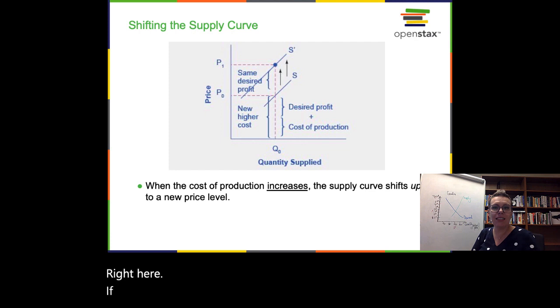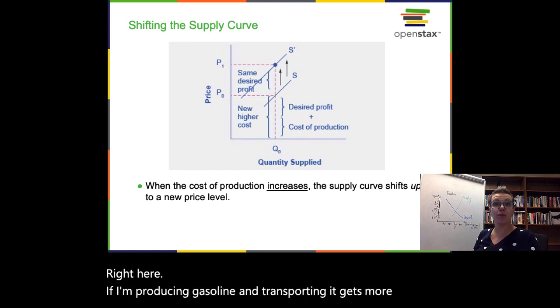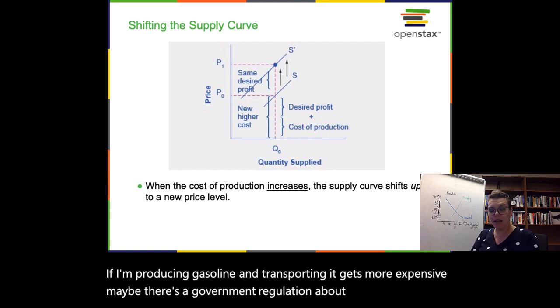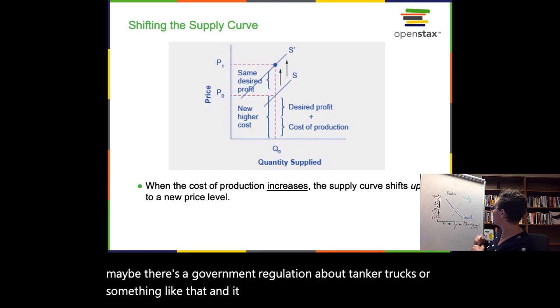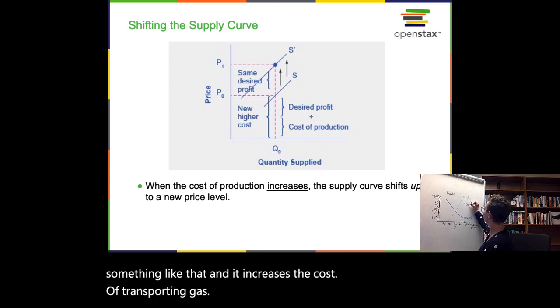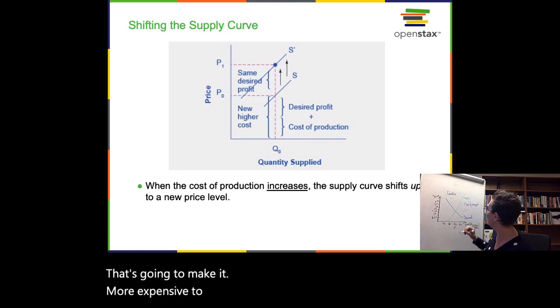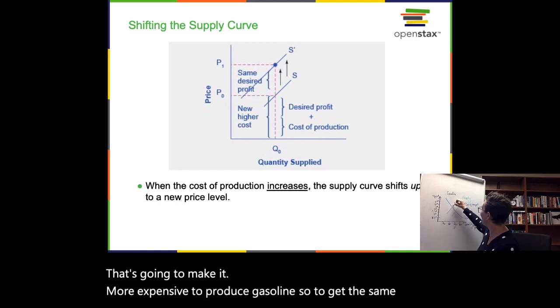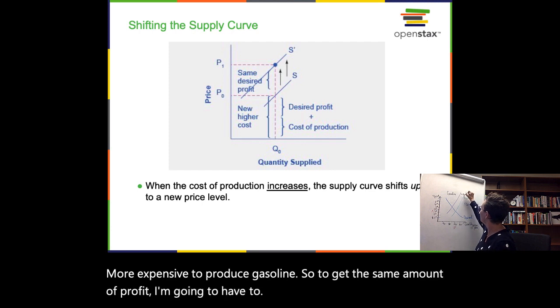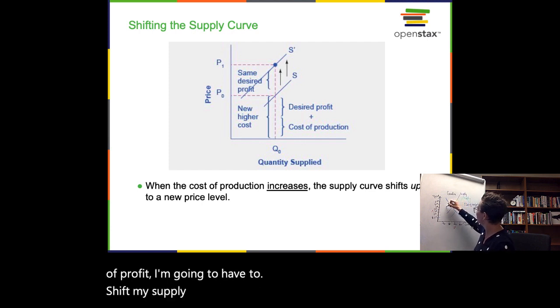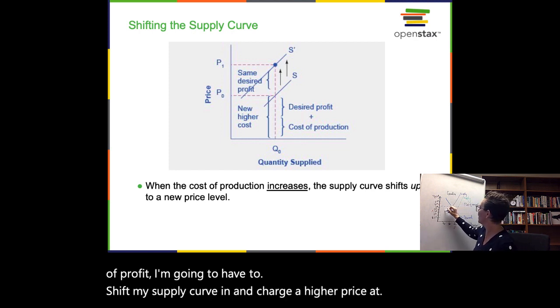If I'm producing gasoline and transporting it gets more expensive, maybe there's a government regulation about tanker trucks or something like that, and it increases the cost of transporting gas, that's going to make it more expensive to produce gasoline. So to get the same amount of profit, I'm going to have to shift my supply curve in and charge a higher price at every quantity supplied.